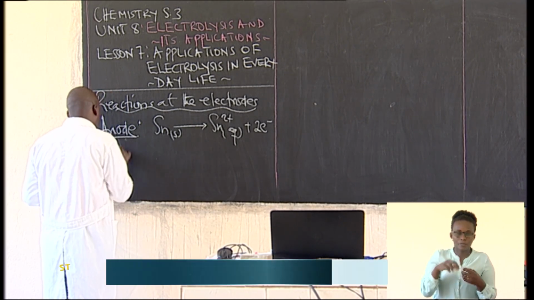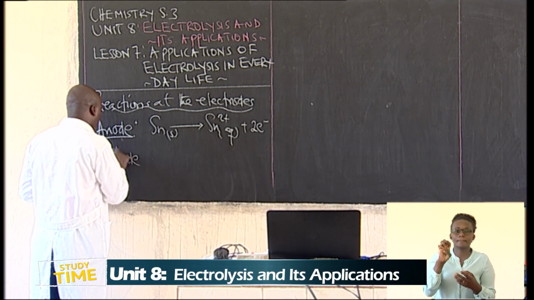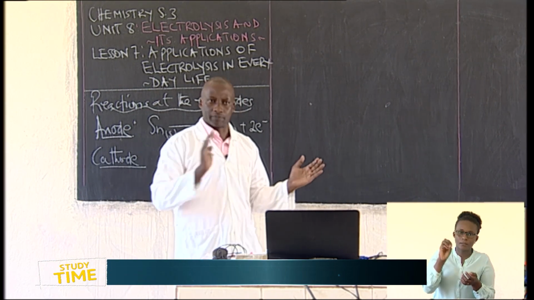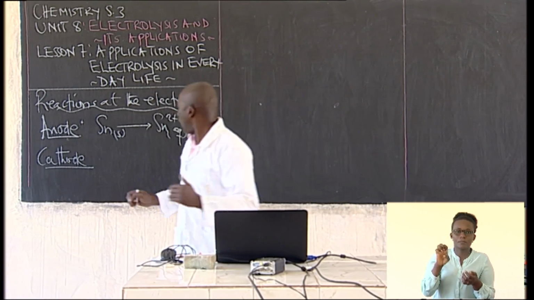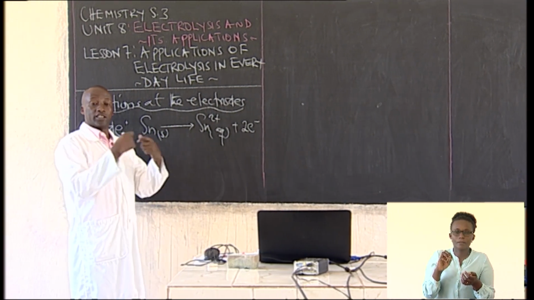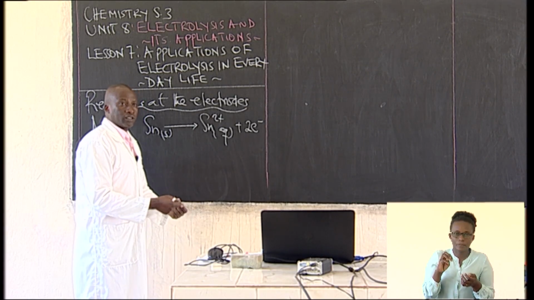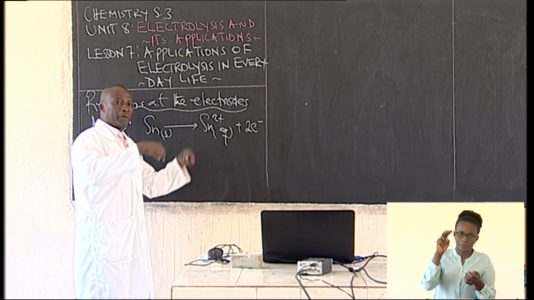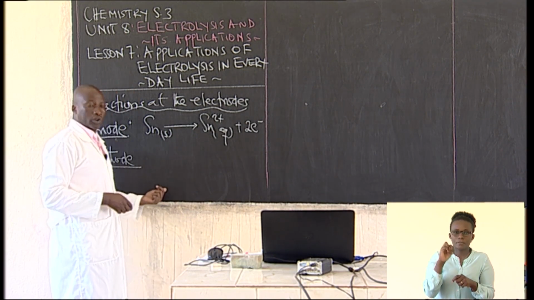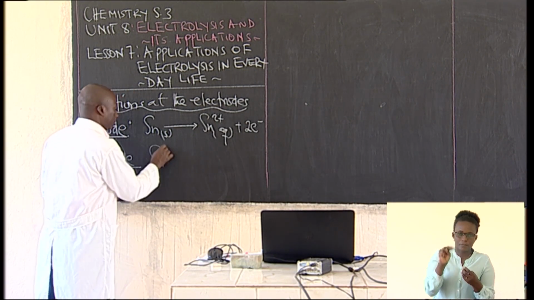At the cathode, what takes place? Because we have seen that at the cathode, there is a deposition of the tin. So these tin 2 ions which are formed in the solution of the tin 2 chloride, some are in the solution and others are coming from the electrode.